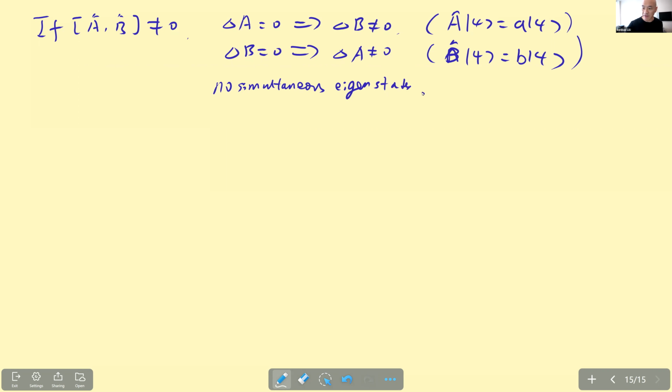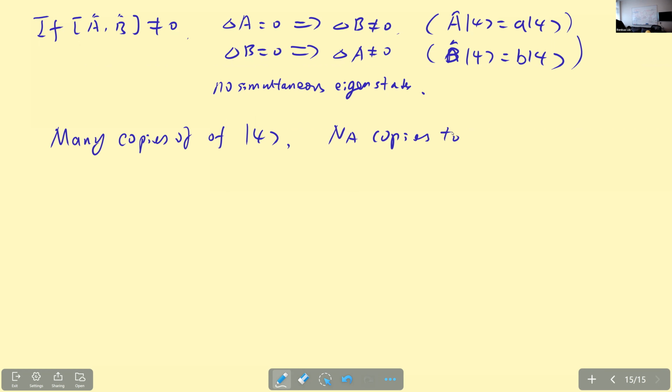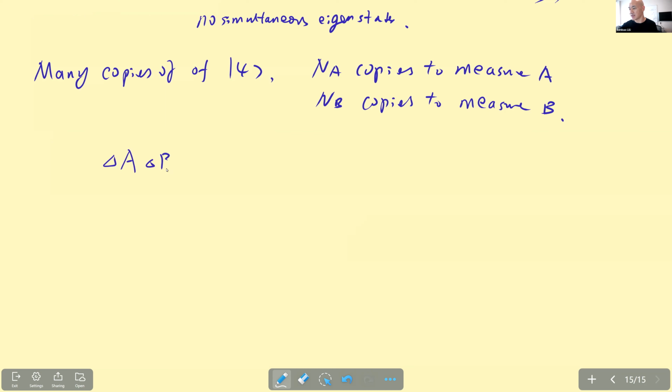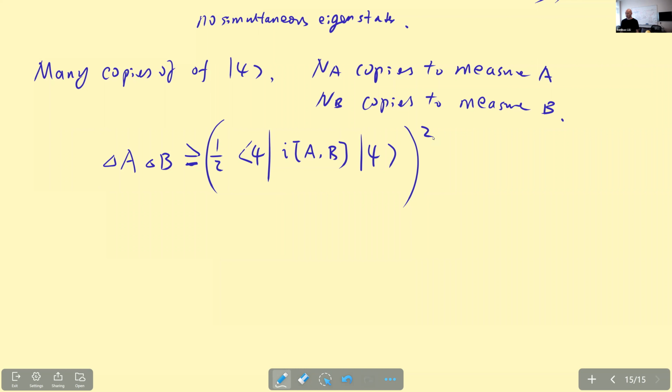In this case, you can have many copies of ψ, for example, and use N_A copies to measure A, and N_B copies to measure B. So we can prove that the variances ΔA and ΔB satisfy the condition that the product is greater than or equal to 1/2 the commutator between the two, squared. For the proof, see the notes.